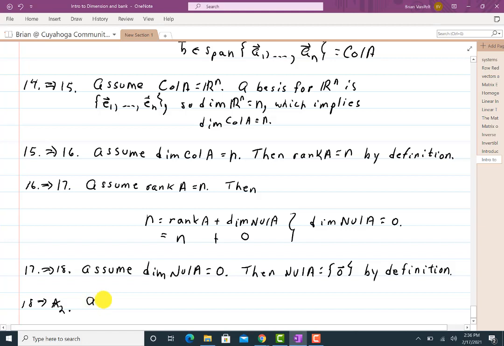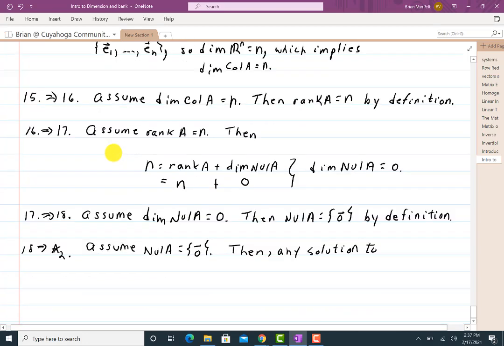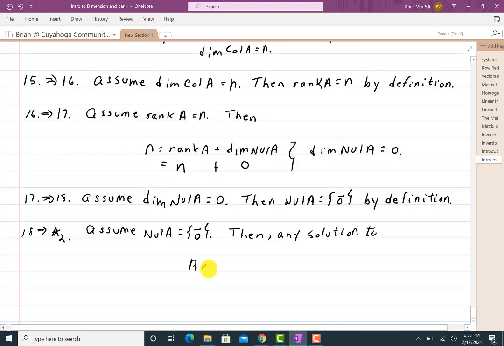For 18, we are going to assume Null A equals simply the 0 vector. Then any solution to AX equals 0 is simply x equals 0.